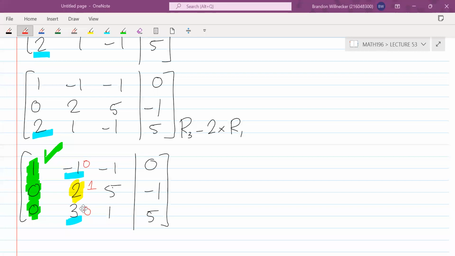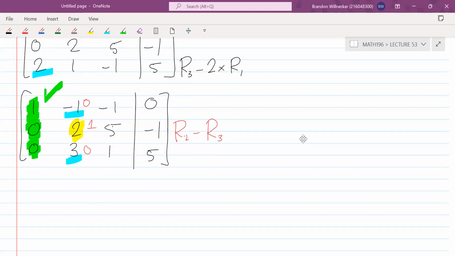So that's not very nice. Okay, it's better to work with integers. So we're going to do a bit of an intermediate step. We're going to take row 2 minus row 3. Okay, so that seems a bit odd, but let's just go with it. You'll see what I'm doing. Okay, if you want to just divide by 2 and work with fractions, that's perfectly fine as well. Okay, but I'll try to avoid those.